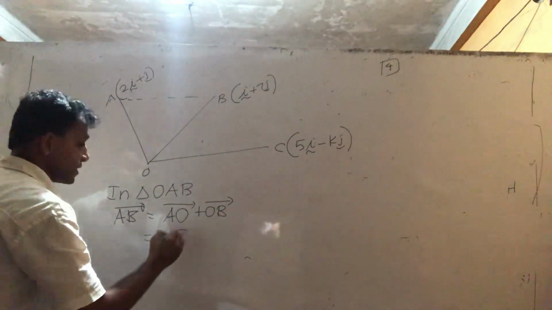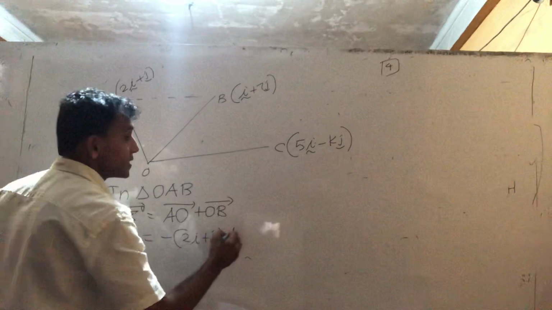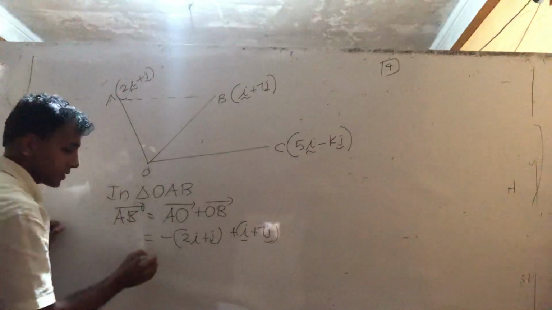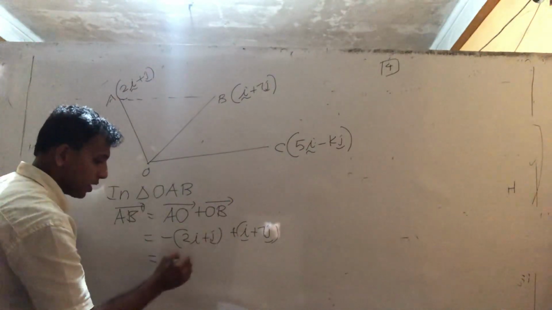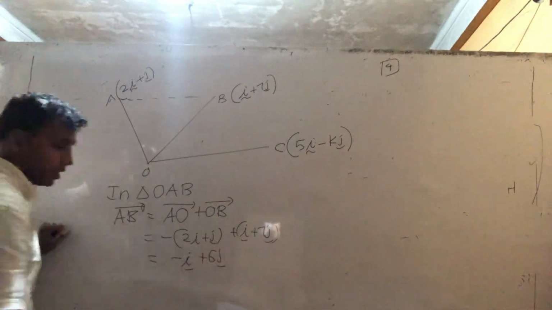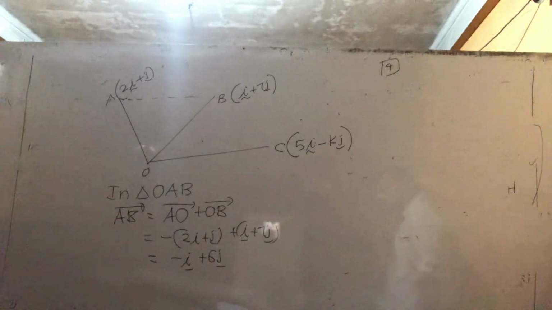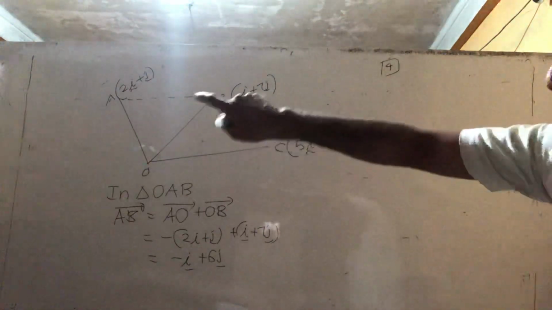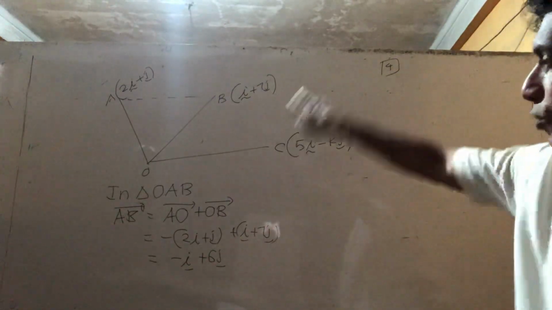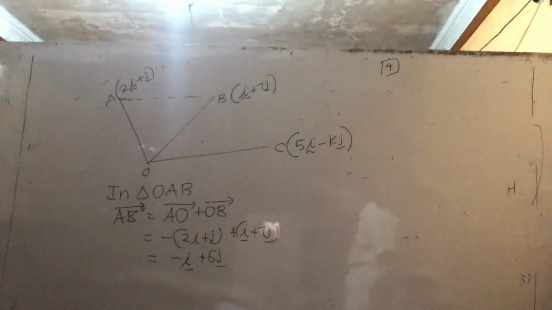Therefore, AO is minus (2i plus j), plus OB is i plus 7j. So what is that? Minus 2i plus i, minus j plus 7j. Okay, this is AB vector: minus i plus 6j. AB equal AO plus OB. AO is minus times that and OB is i plus 7j. Therefore minus i plus 6j.